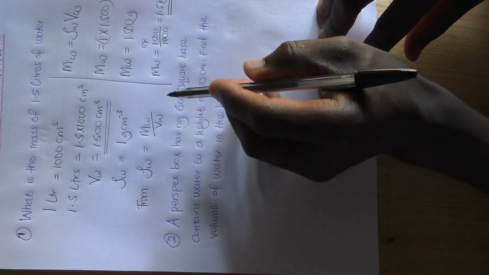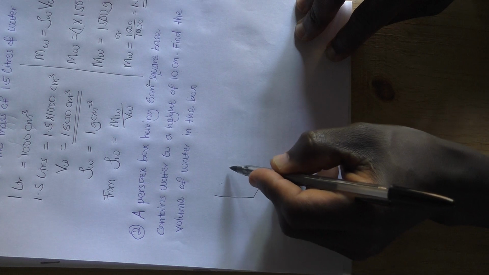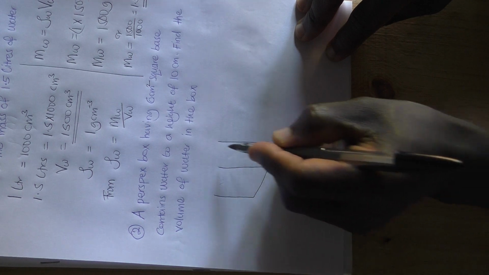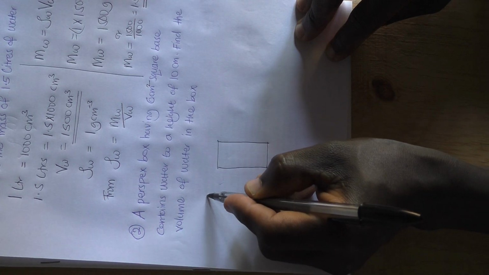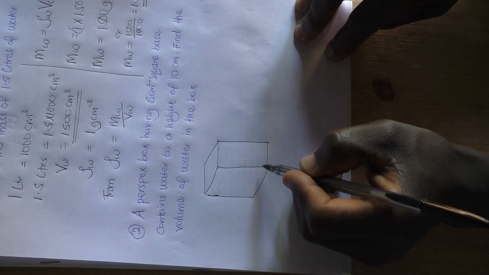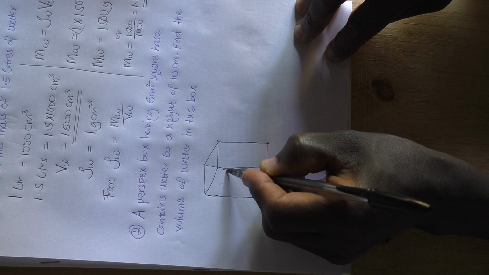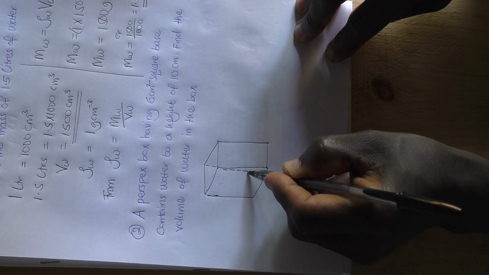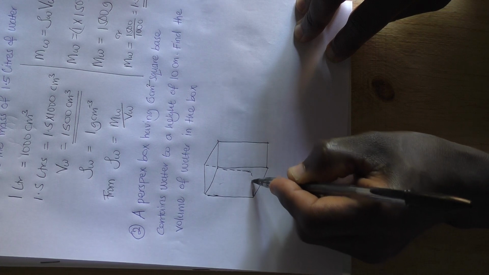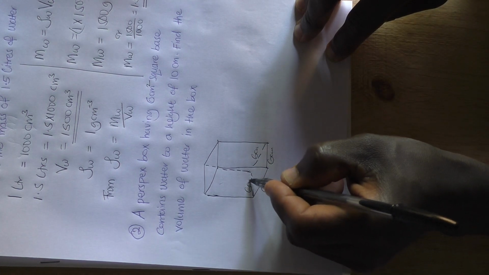So, assuming this is our box, it has a square base, meaning the dimensions of the base are the same. So if this is 6, this is 6, 6, 6.